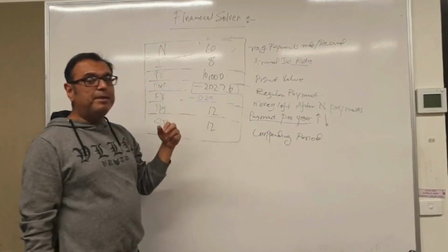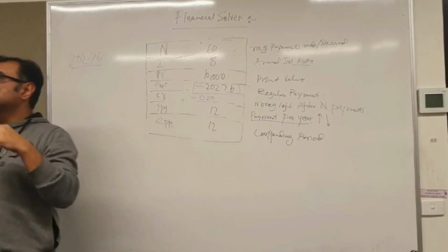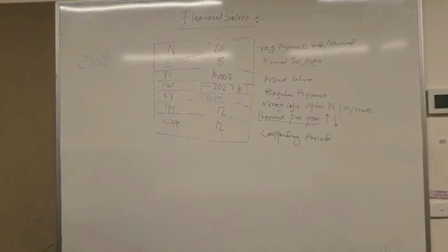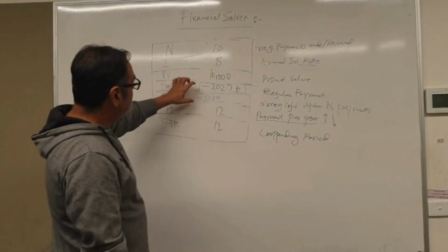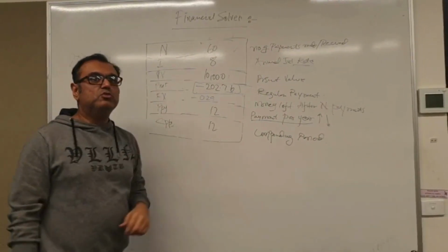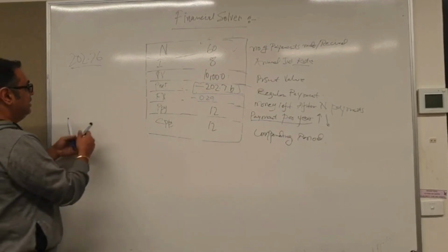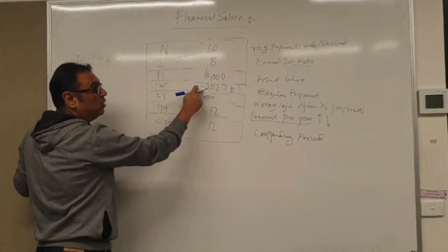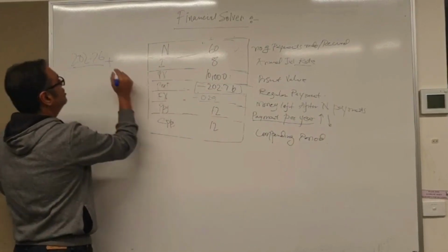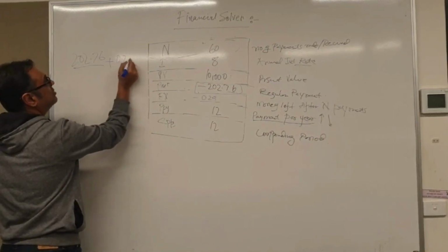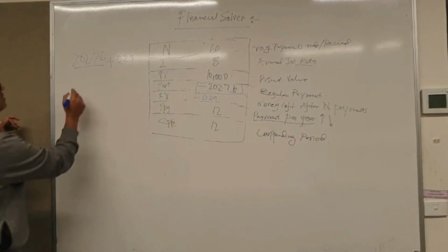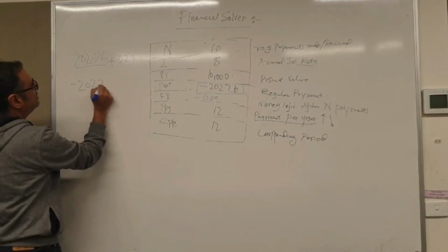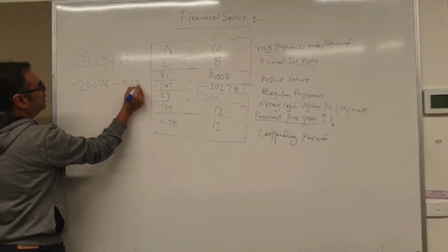So your final payment, or your 60th payment, will be the addition of these two values. So that means it will be a positive. You need to add, because this has to go out and this has to go out. So you add the two values. Or you should say negative 202.76 minus 0.29.